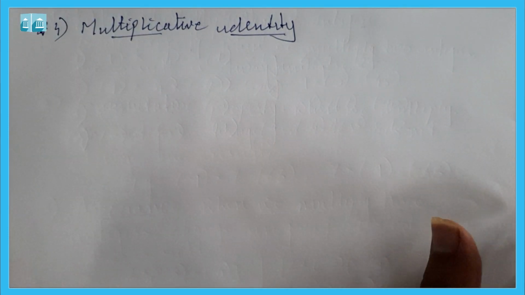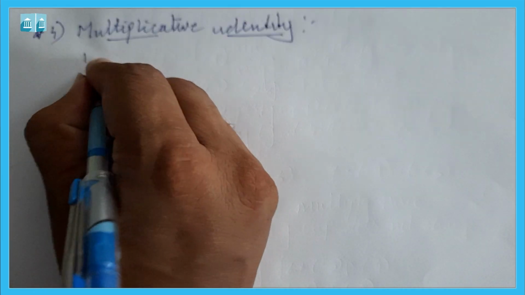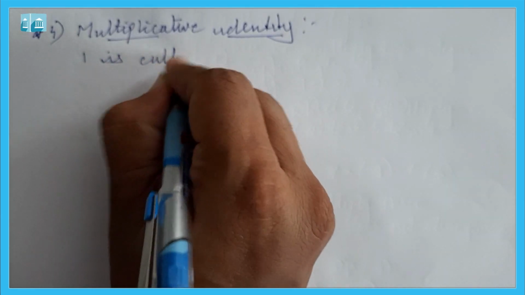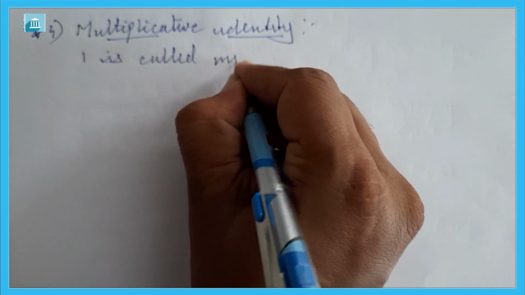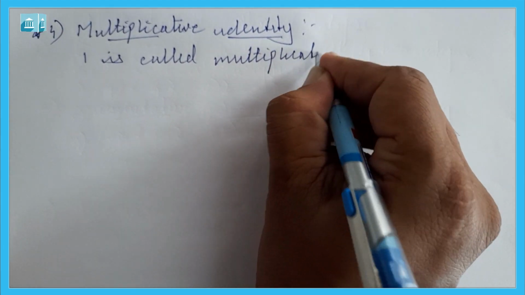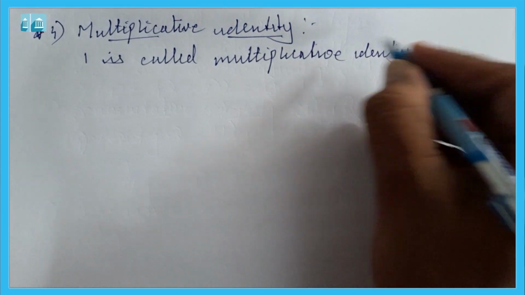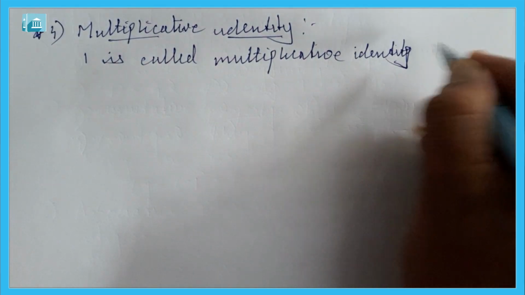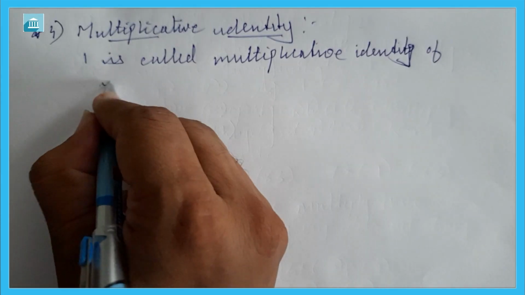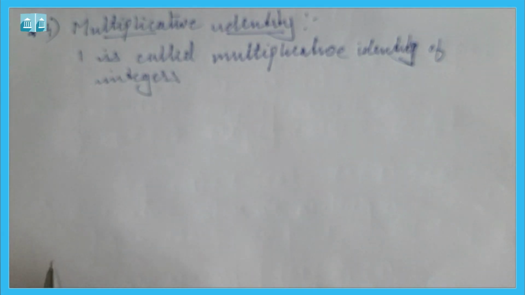As we had done in addition identity, that 0 is called the additive identity of integers. Here, for multiplicative identity, we know that 1 is called the multiplicative identity of integers.